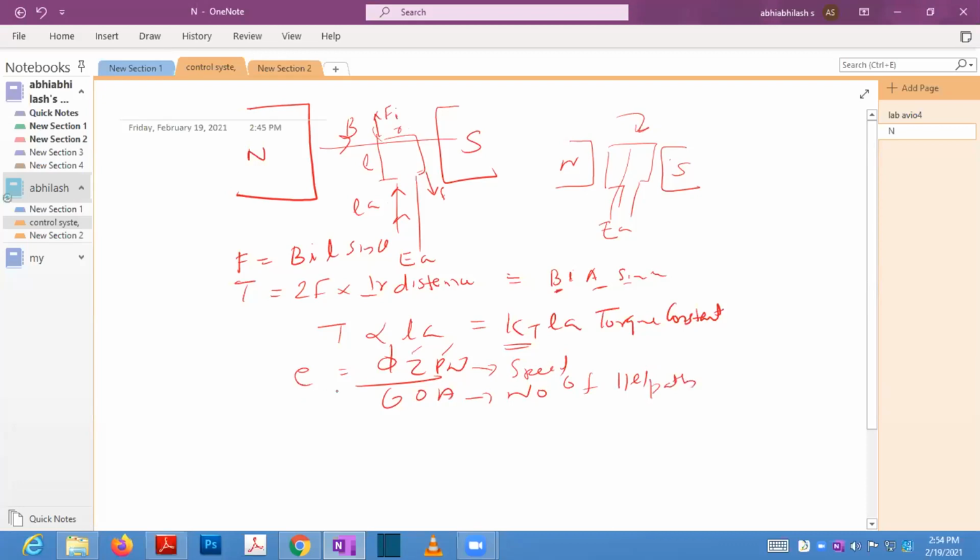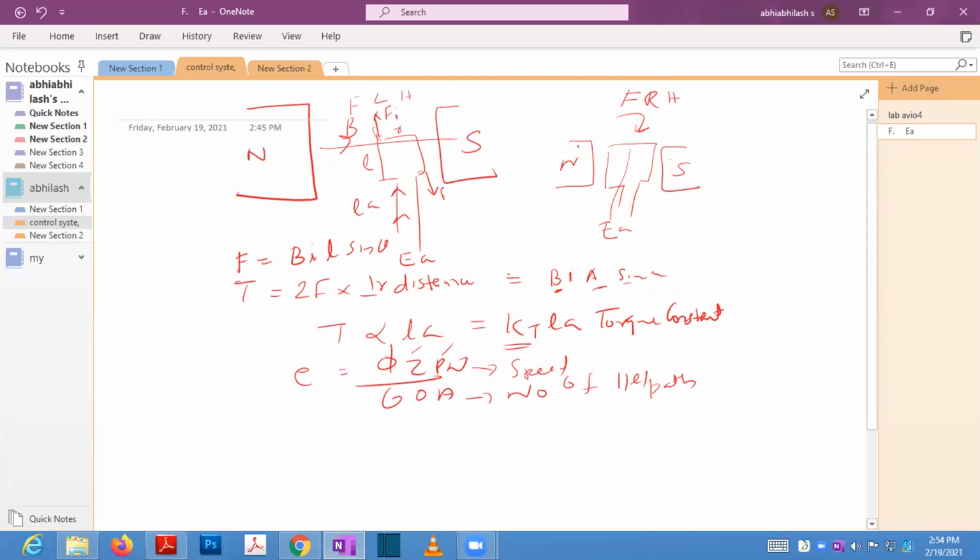For this EMF equation, the direction for a motor follows Fleming's left hand rule, and for a generator Fleming's right hand rule.